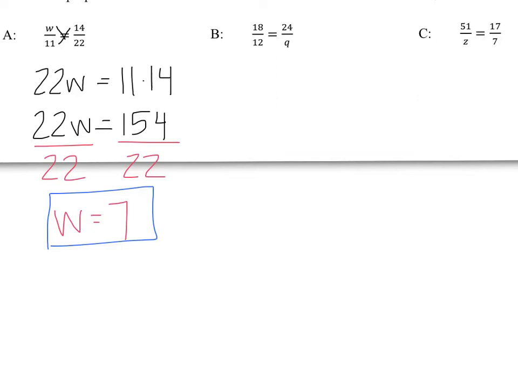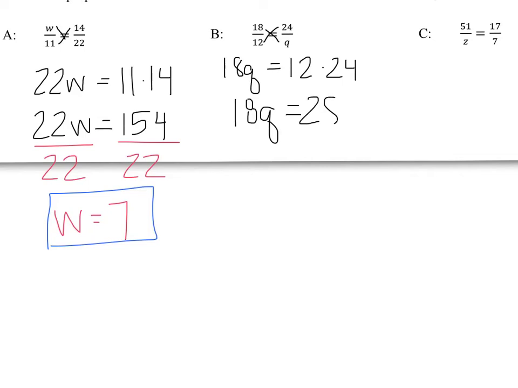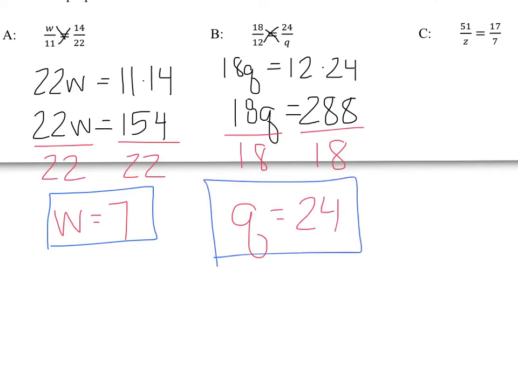Okay? B is the same idea, so we need to cross multiply. 18 times Q gives us 18Q. And then we have 12 times 24. Well, 18Q equals 12 times 24 is 288. Once again, we need to divide. So we'll divide both sides by 18, and we end up with Q equals 24. Then the last one, same idea, so cross multiply.